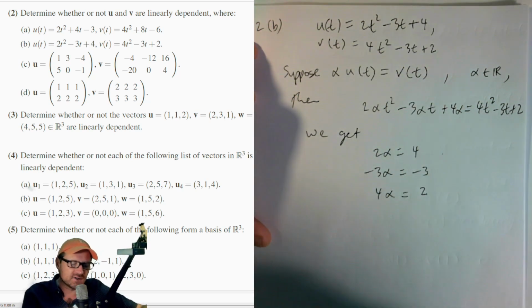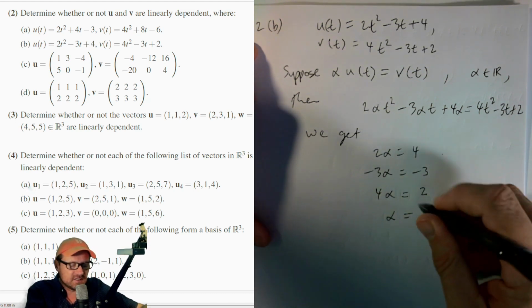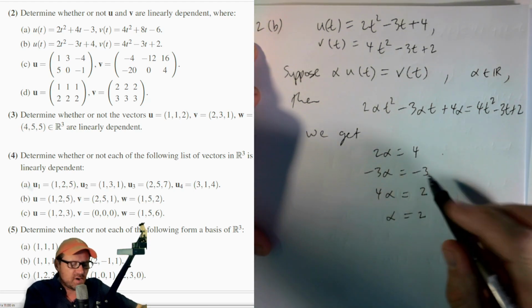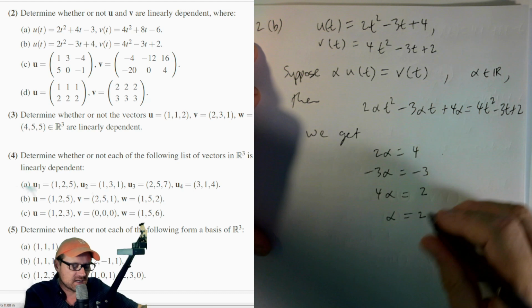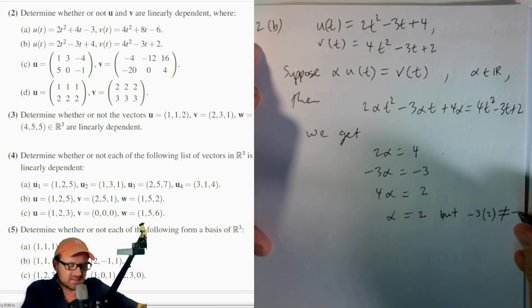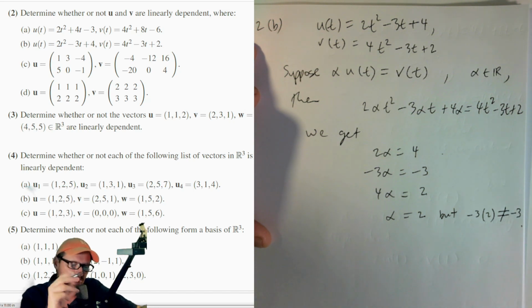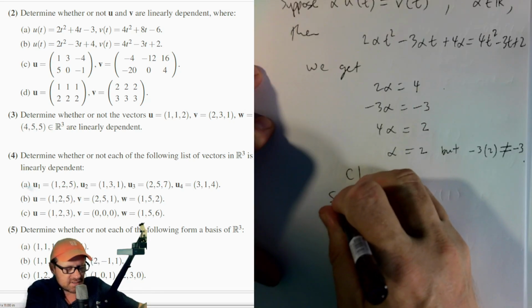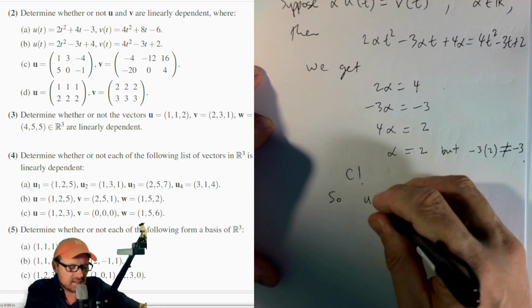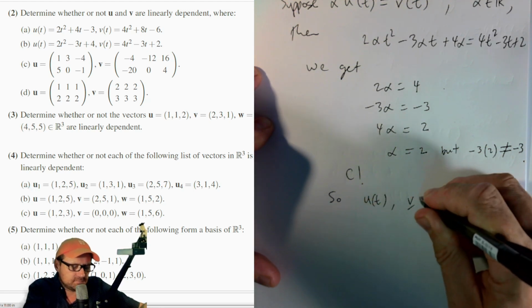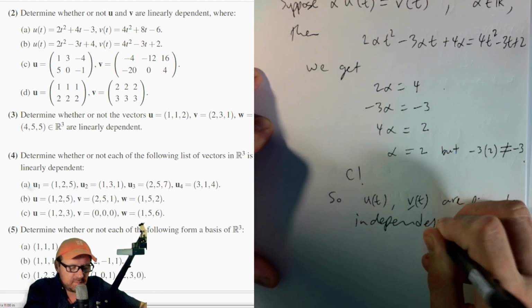The first equation gives alpha is 4/2, which is 2, but that is not consistent with the second equation. In other words, -6 is not equal to -3. So we have a contradiction to the assumption that there exists an alpha that makes this true, which means u and v are linearly independent.